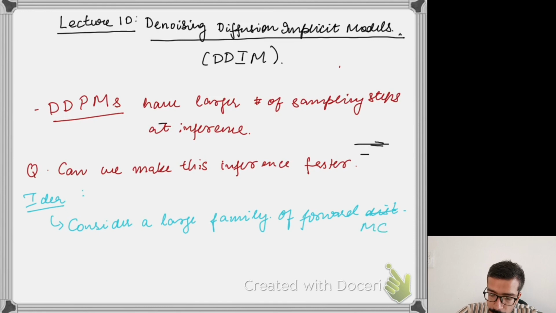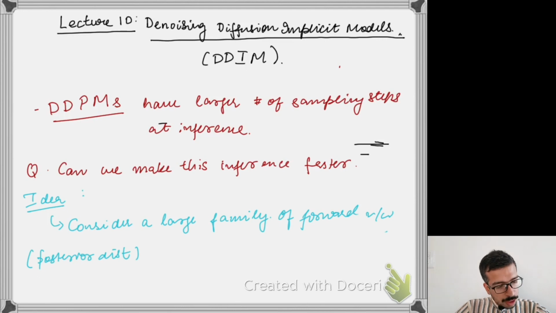Actually here we will be losing out on this Markovian property. We'll just see, but I'll just call it forward network for now. Just the posterior distribution that gives rise to the same training objectives as DDPMs.